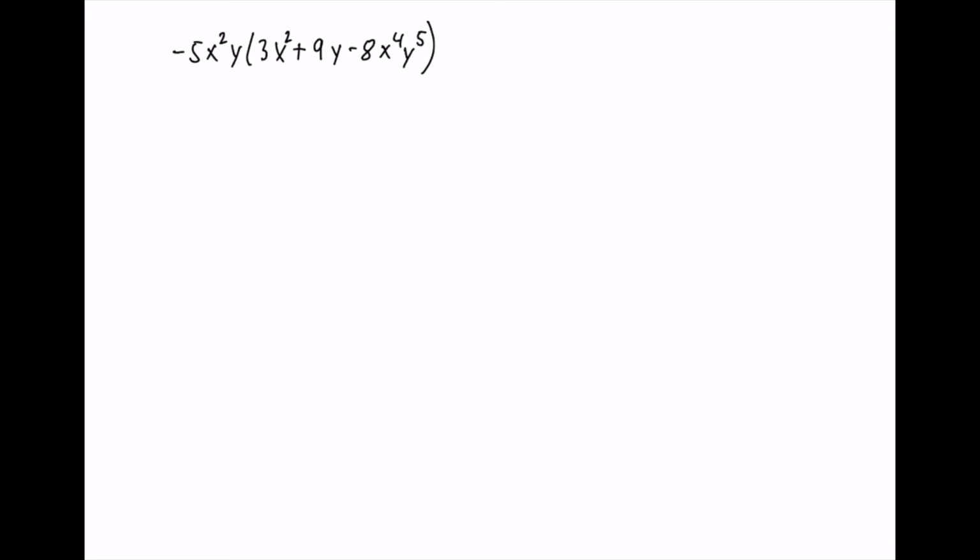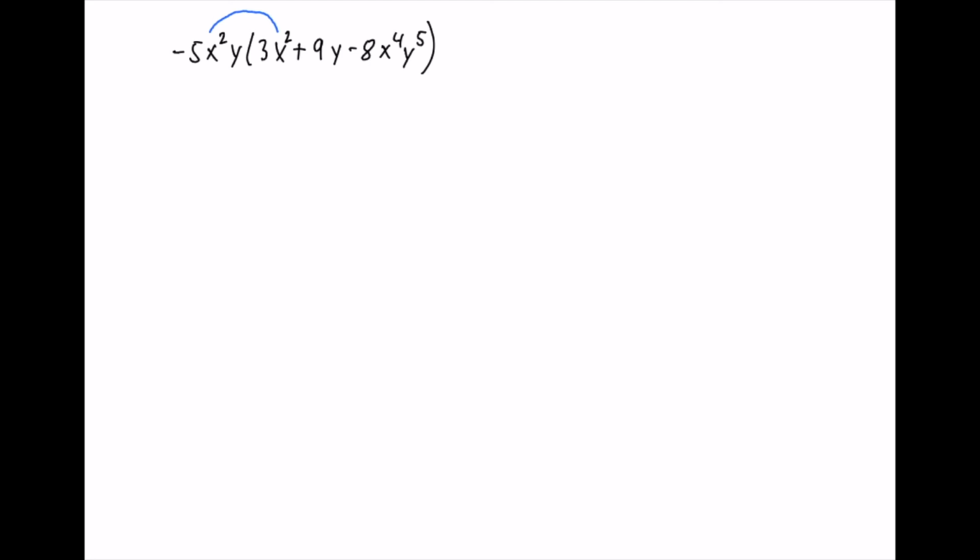So here we have the monomial, and here's the polynomial. So it's just using the distributive property. Multiply everything here by everything in here. So, first step, multiply negative 5x squared y times 3x squared.